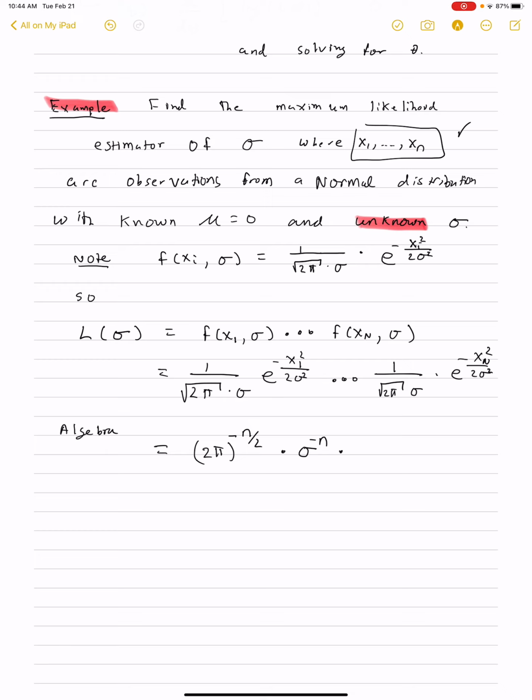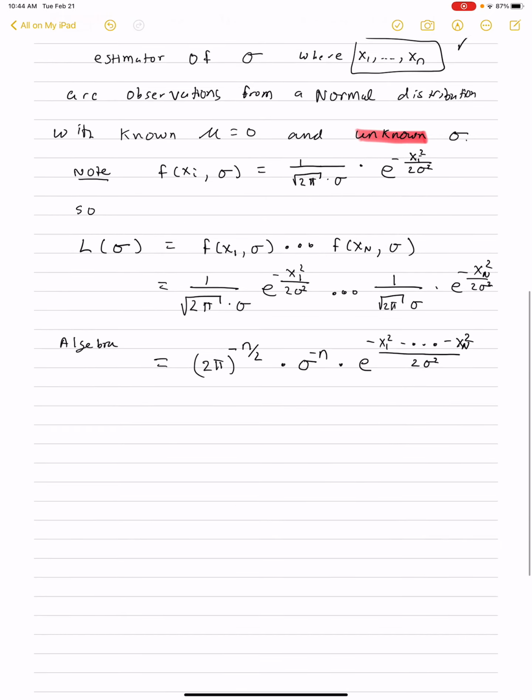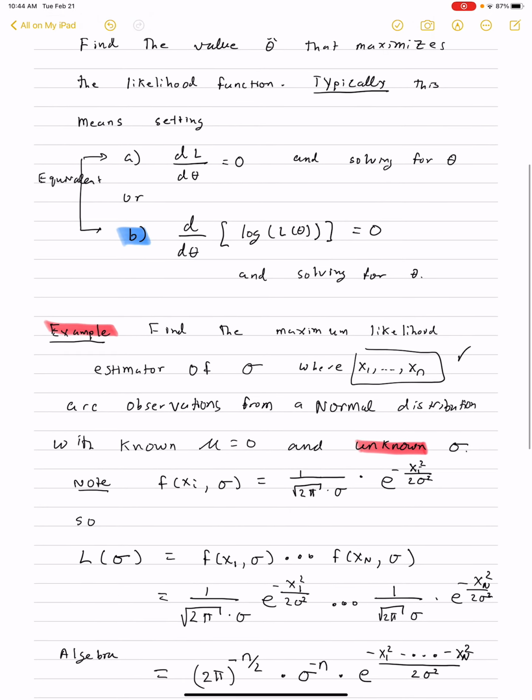Then in our exponents, the exponents add. So I'm going to have minus x1 squared minus x2 squared minus xn squared divided by 2 sigma squared.